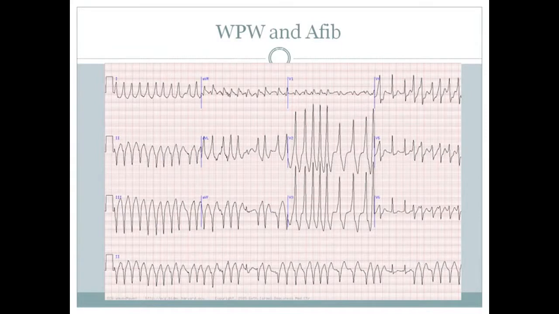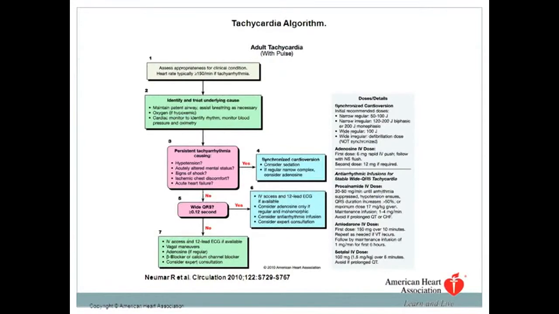So some of them are conducted through the accessory pathway, some of them are conducted through the AV node. If we give this guy a calcium channel blocker or a beta blocker, we're going to block the AV node, and everything now is going to go through the accessory pathway. This is what happens when you give a calcium channel blocker or a beta blocker in the setting of WPW with AFib. It goes fast, crazy, and this degenerates into ventricular fibrillation.